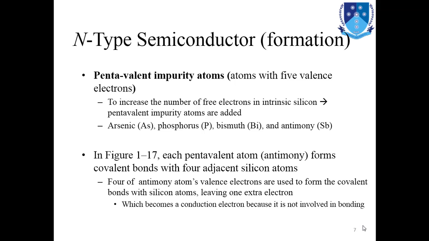But the 5th valence electron will be left as an extra electron inside the crystalline structure. That extra electron becomes a conduction electron because it is not involved in the bonding process.